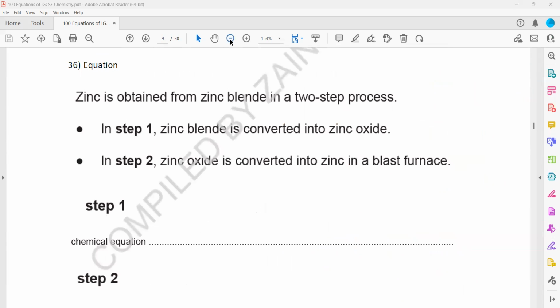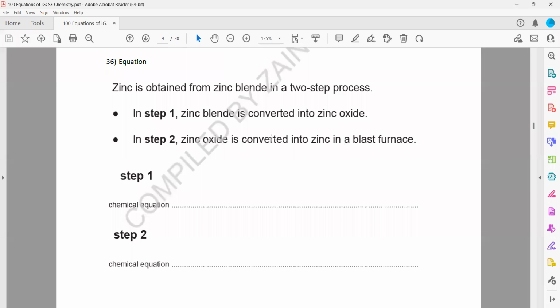In question 36, zinc is obtained from zinc blende, which is the ore of zinc sulfide. In step 1, zinc blende is converted to zinc oxide, and in step 2, zinc oxide is converted into zinc in a blast furnace.